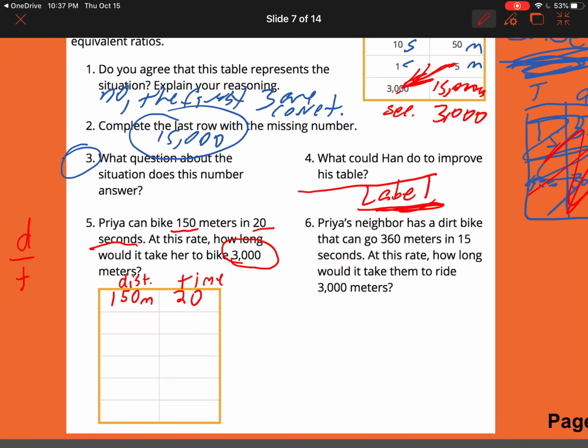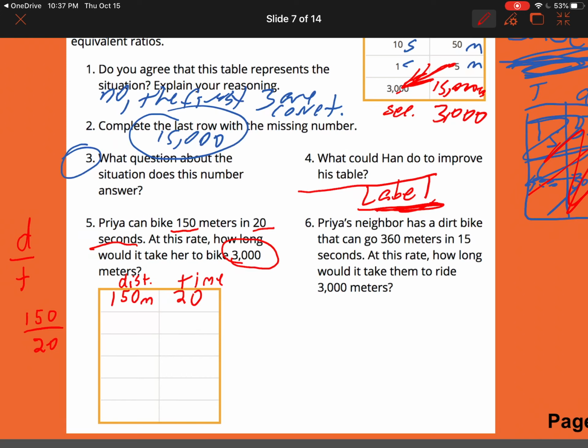So if we cut this in half, our distance of 150, and we're going to divide that by our 20. That is one way you can do it. You can divide 150, that distance over time. Distance over time. Say that 5 times. Distance over time. Because that's how you divide it out. 150 divided by 20.